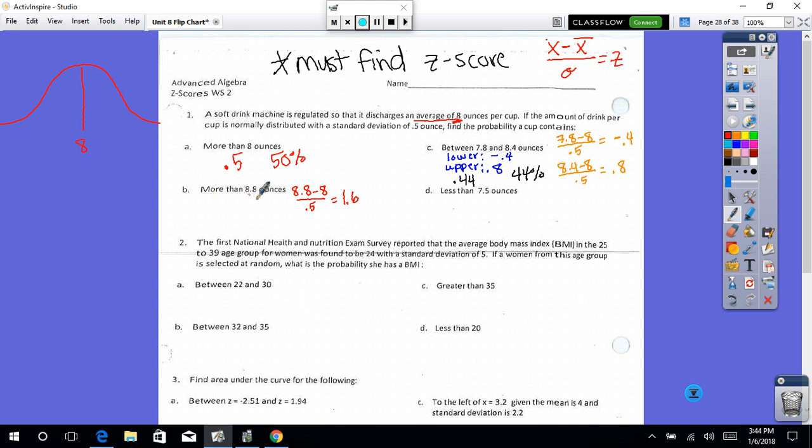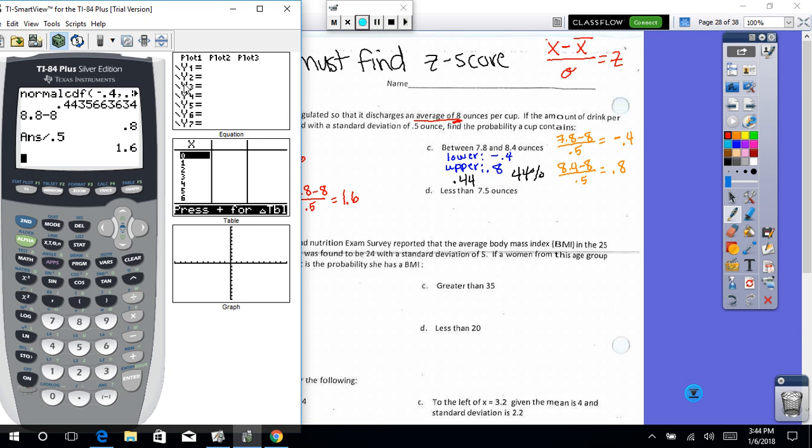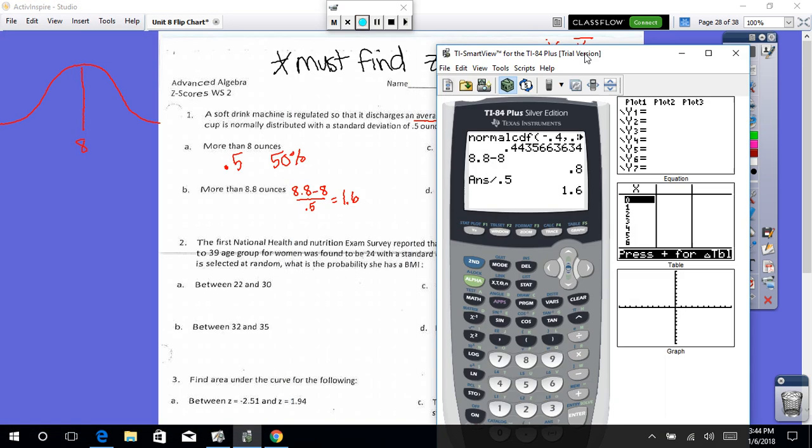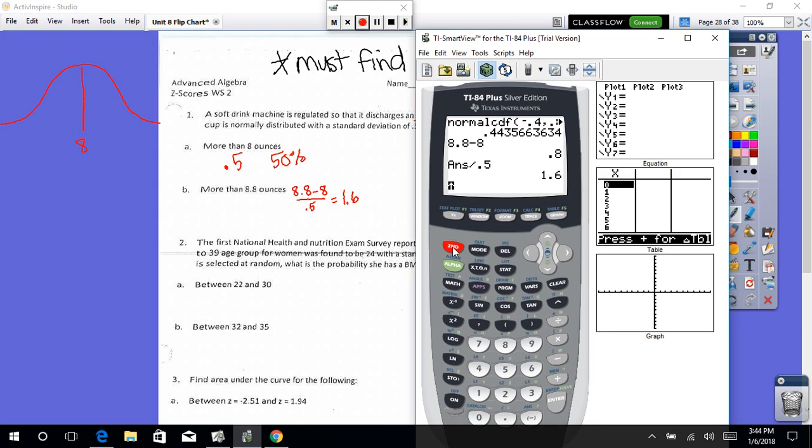Let's think of more than, which means that my upper is completely unknown. Second VARS, option 2. More than 8.8, so my lower value is going to be that 1.6. And my upper is going to be that big number we've been plugging in, 999,999, just to stay consistent. Paste it, and hit enter.